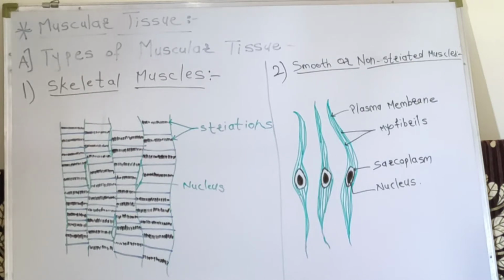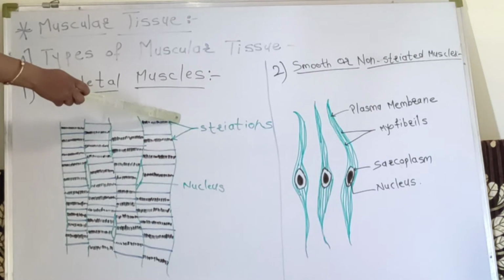So first we will see the skeletal muscle. This is the skeletal muscle. You can see here, this is the diagram of skeletal muscle. In this diagram there are some straight lines and some zigzag lines, or some different types of lines present. These different lines are called striations.